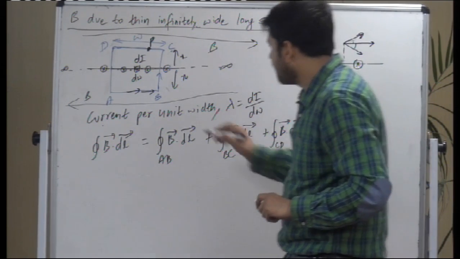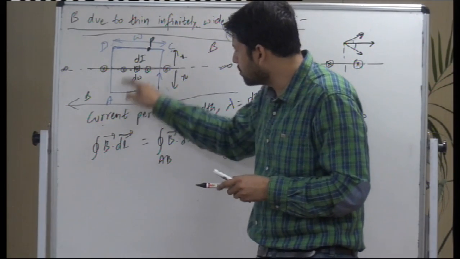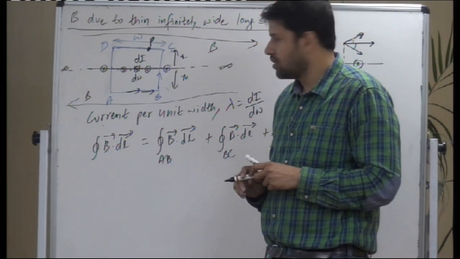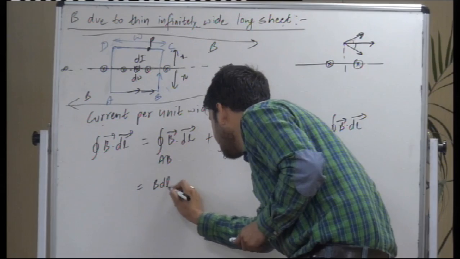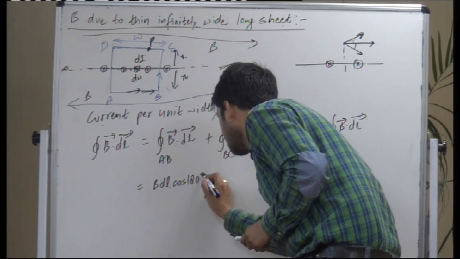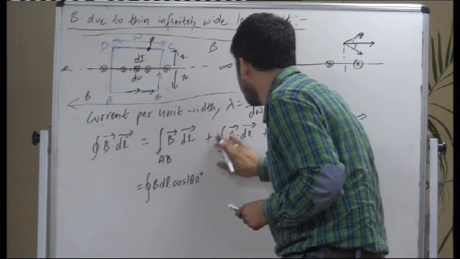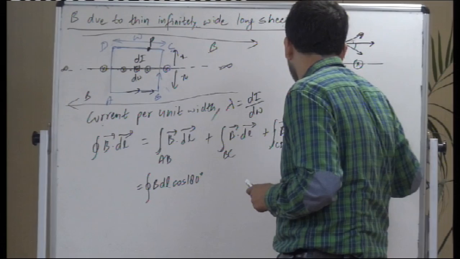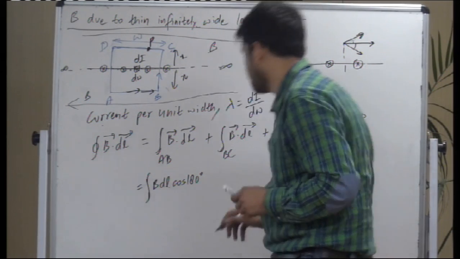So for the AB portion, since all points are equidistant, the magnetic field would have the same magnitude and the angle would be 180 degrees. So I will write it as B dl cos 180 degrees.